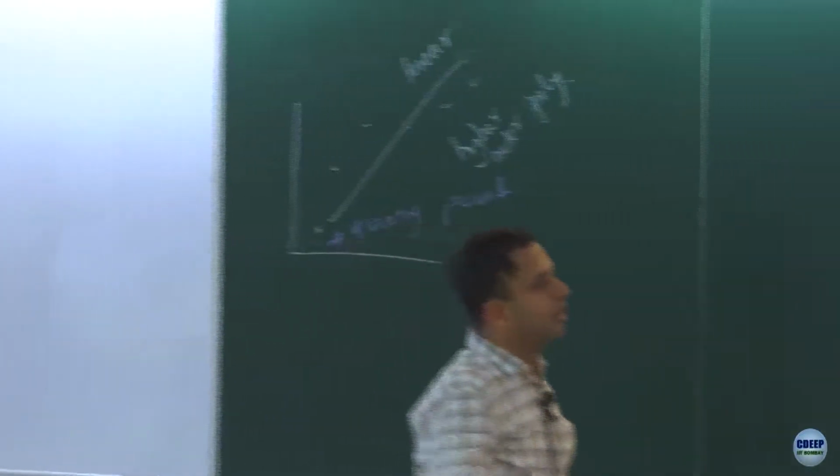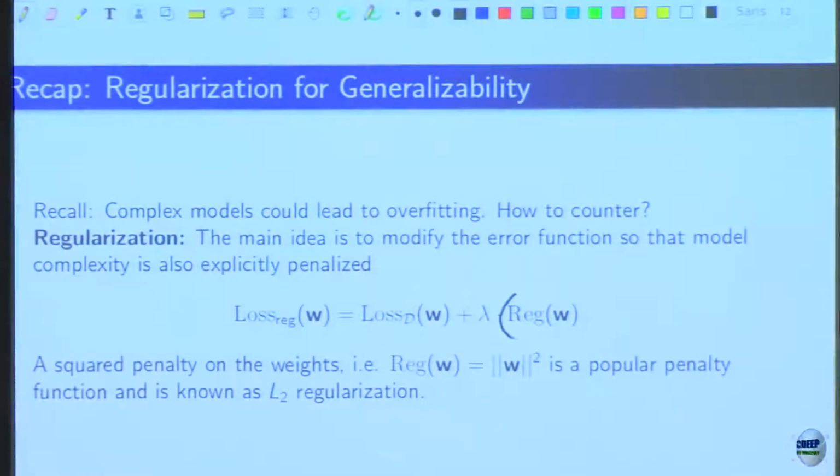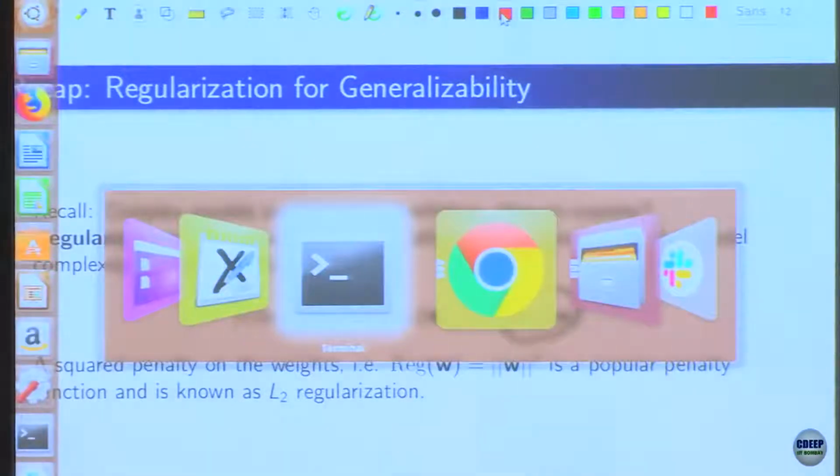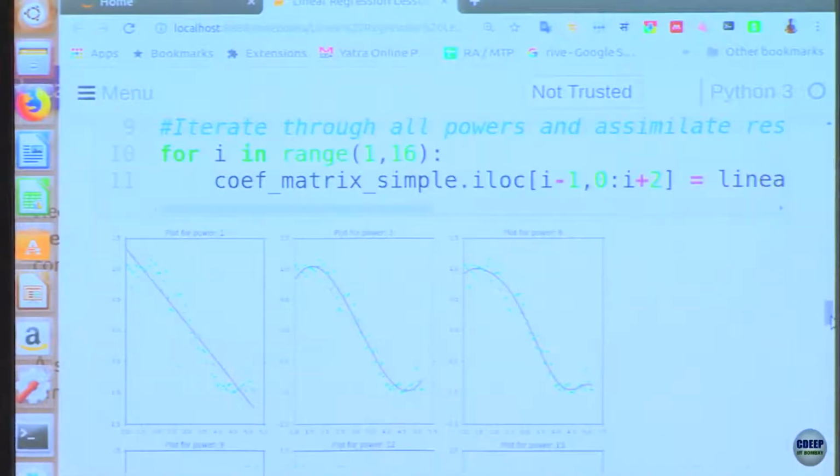That's the question. And we said let's associate some penalty with the W's, and we tried and illustrated this with regression plots.